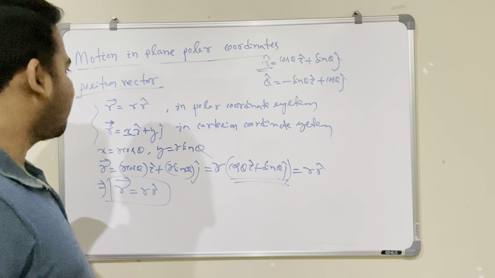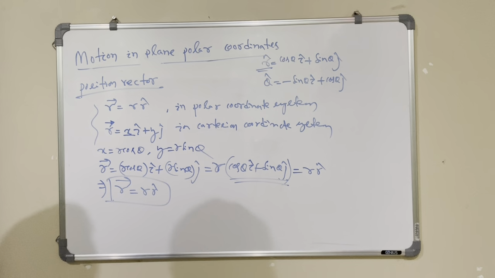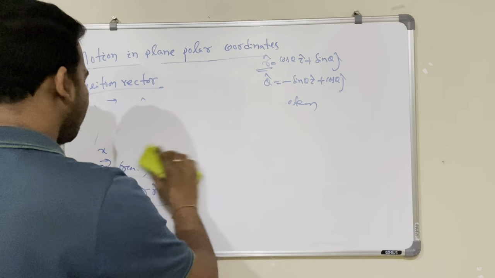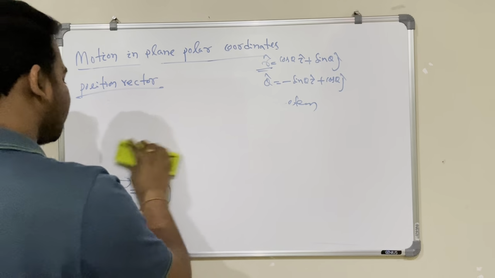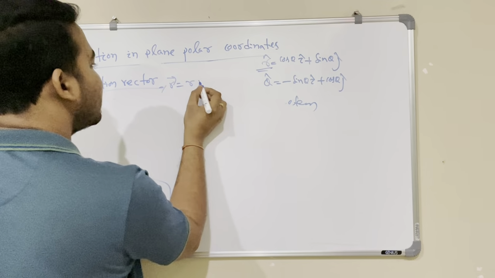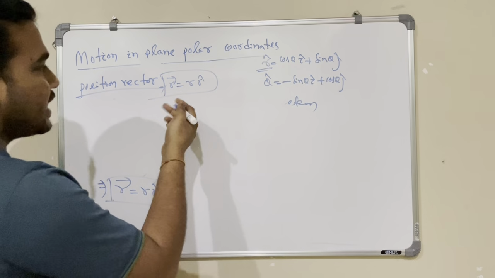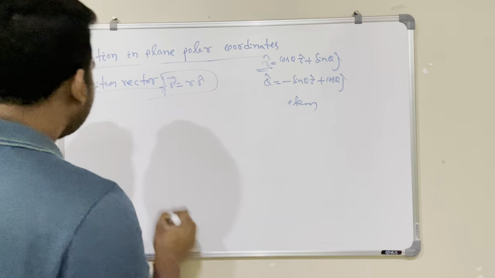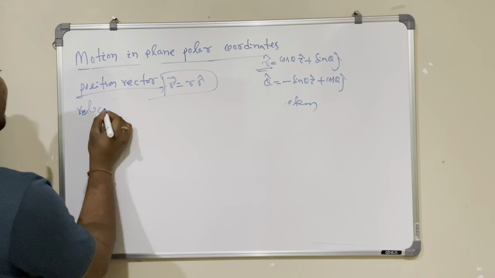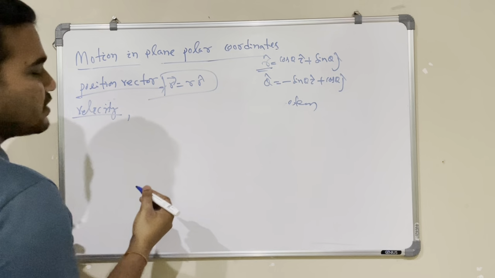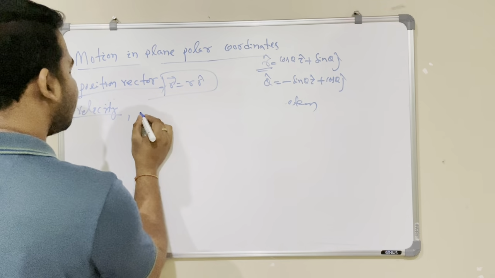So our next task is to calculate the expression for velocity in polar coordinate system. You know how to calculate velocity from the position vector. We have to take the time derivative of the position vector. So what is the expression for velocity in Cartesian coordinate system?